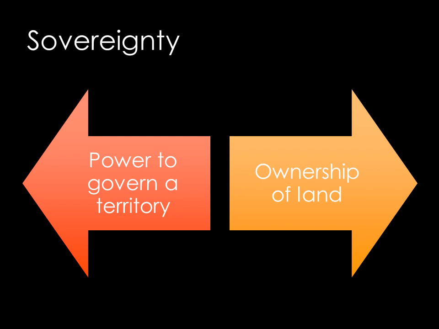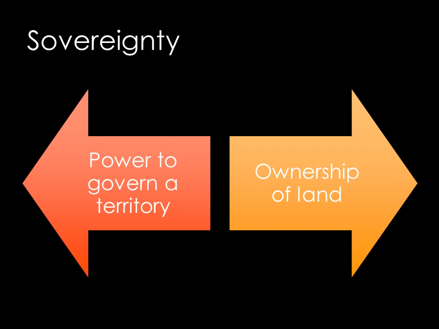So let's start with this idea of sovereignty and what we understand by this and the way that sovereignty claimed by the English feeds into the land ownership or the land law system in Australia itself. What is sovereignty? Sovereignty initially was conceived of as two things.